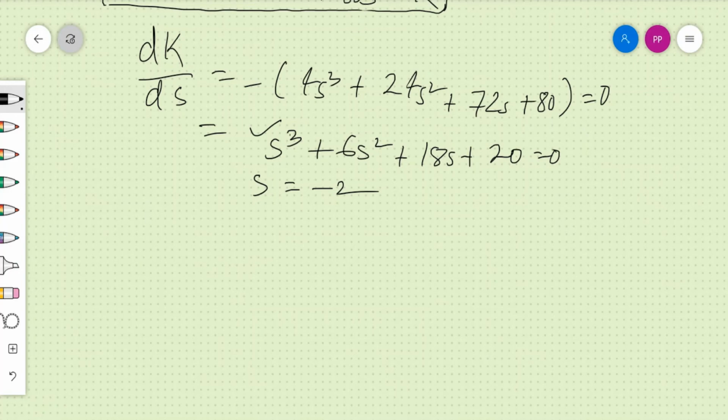You write s plus 2 as a common. Now I am taking it up. If you take s plus 2 as a common, write s square, so you will be left with 4s square.